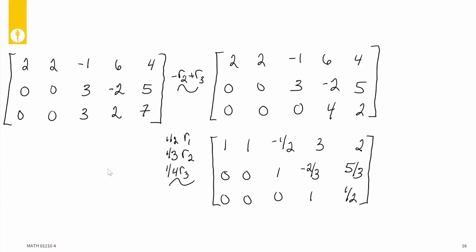Now, to put it into reduced row. So once you get into REF, now you kind of work backwards. Start with the last row. Look for the column that has the leading 1. Zero out everything above it.